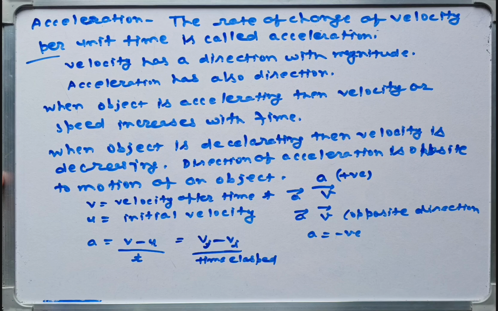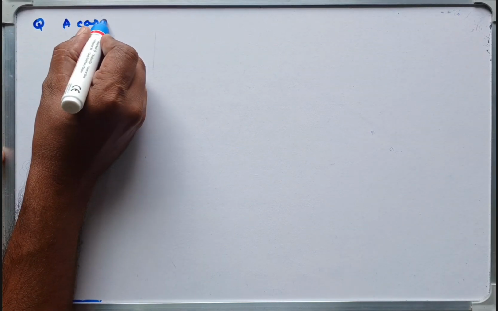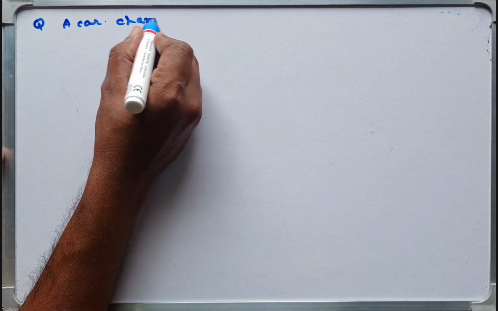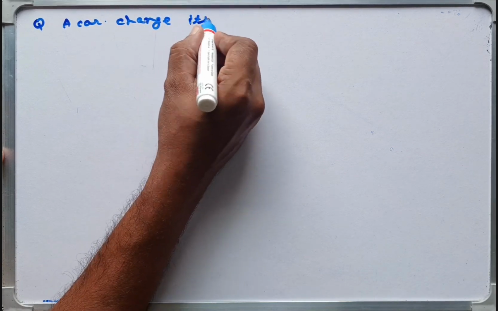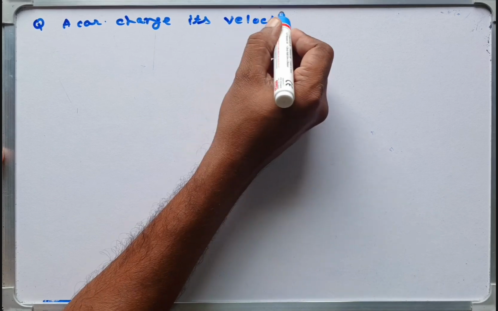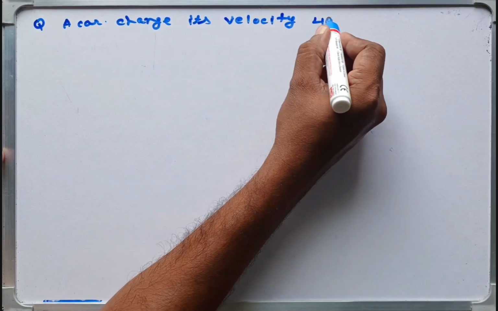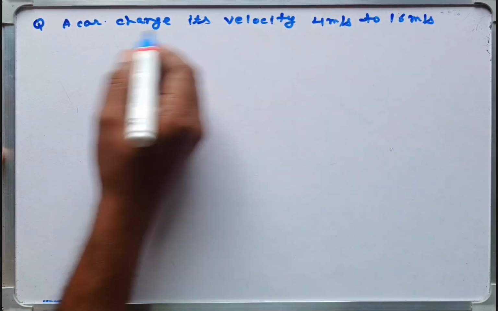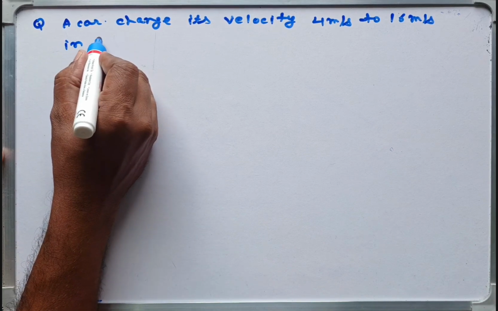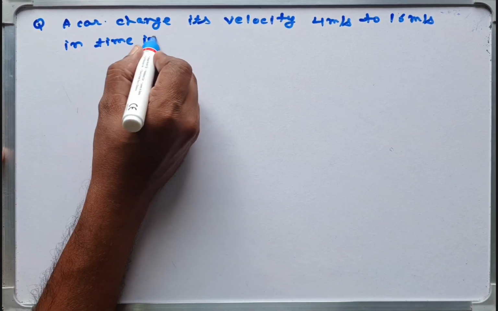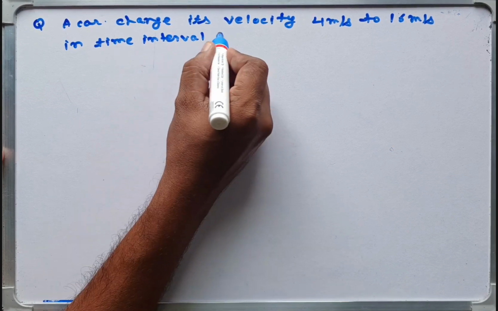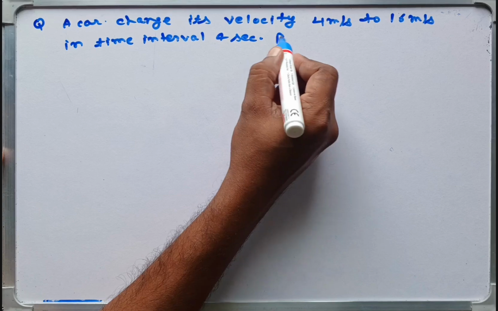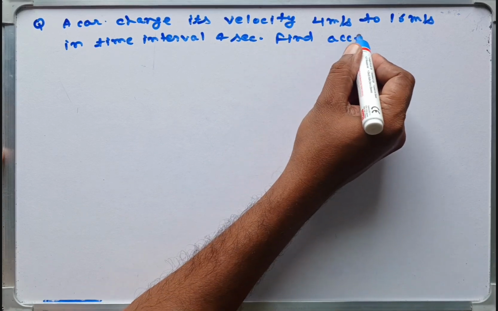Okay, so see one question based on this. Question: a car changes its velocity from 4 meter per second to 16 meter per second in a time interval of 4 seconds. Find the acceleration.